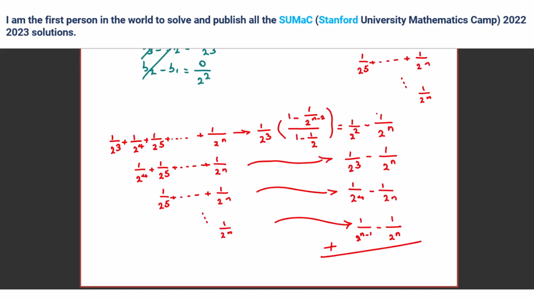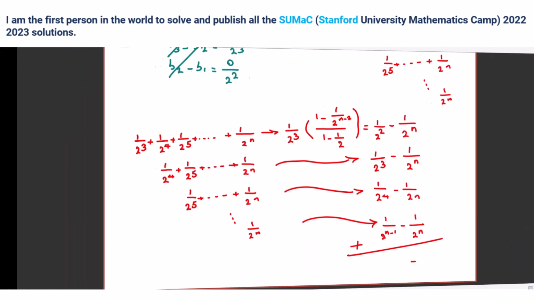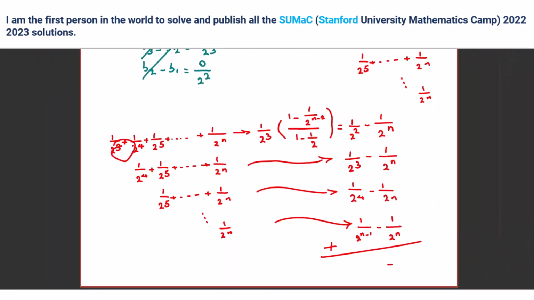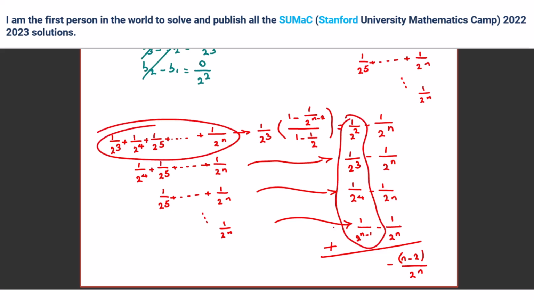Sure. How many 1 over 2 to the n terms are there? N minus 2. Look, from 3 to n is n minus 2, right? Yeah. N minus 2 over 2 to the n. And this part is similar to something like this.